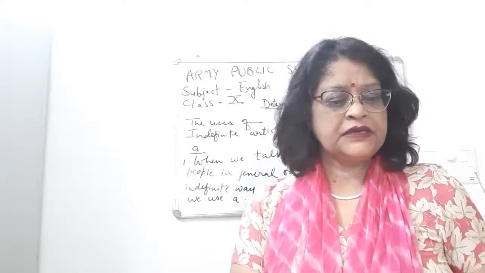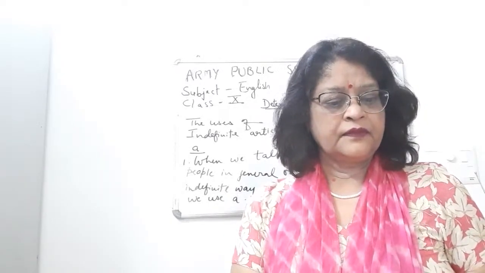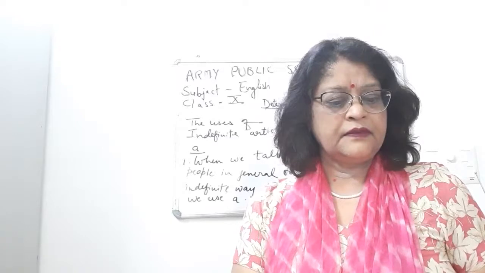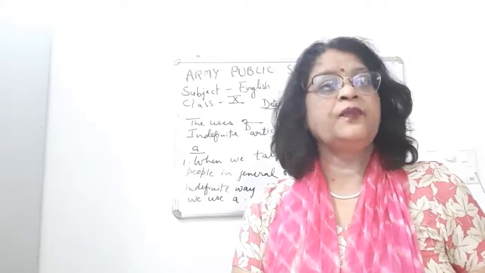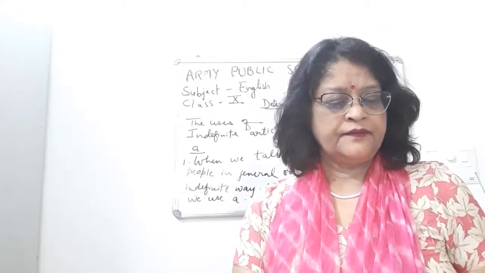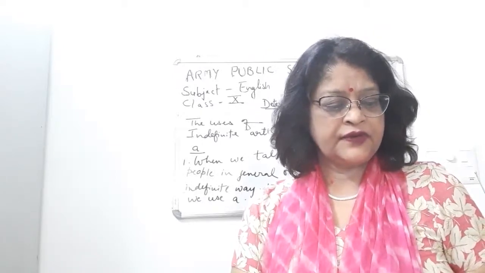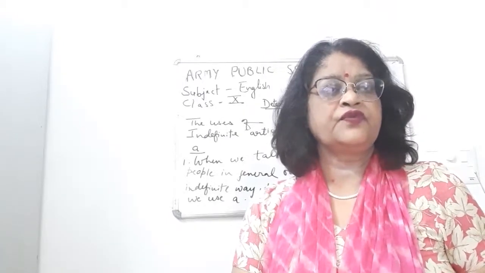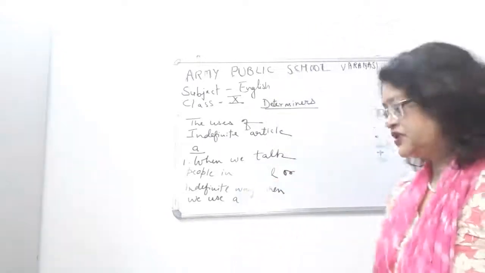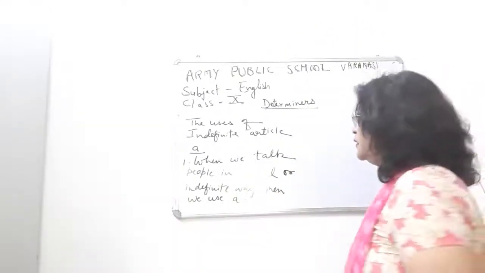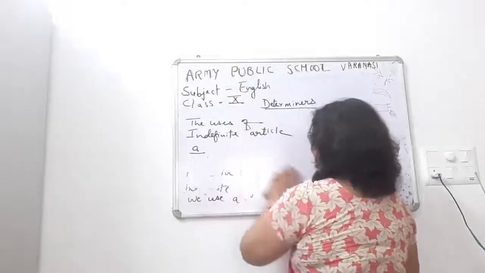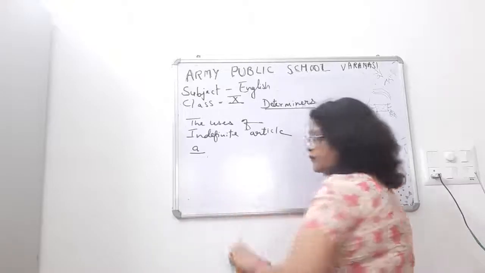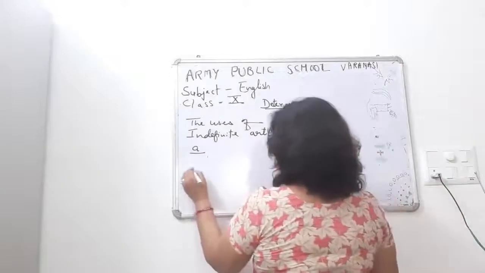Then children, with the occupation. Now first of all, if an adjective is there in front of a noun, like, second use, she is a beautiful girl.